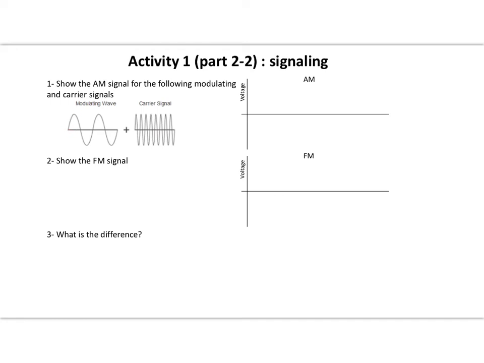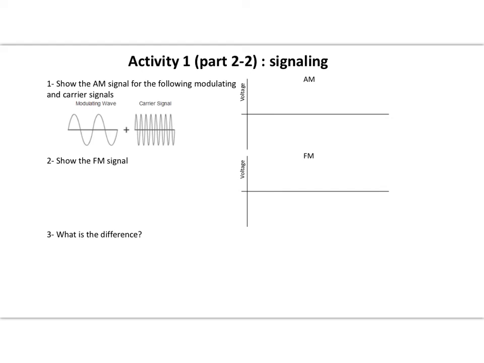In other words, if the amplitude of the modulating signal is low, the amplitude of the carrier signal will be low. But when it gets high, the amplitude of the carrier signal should increase proportionally. For the frequency modulation, the amplitude of the output signal is fixed.